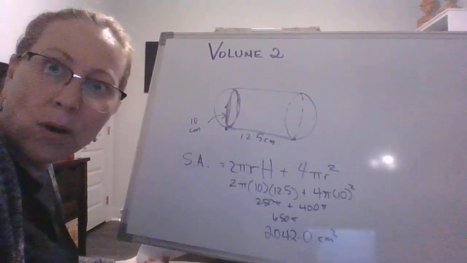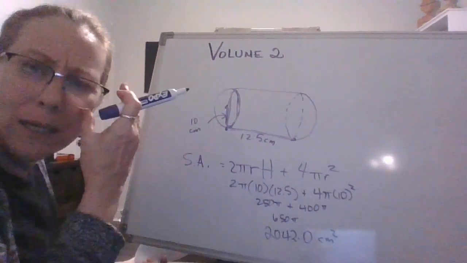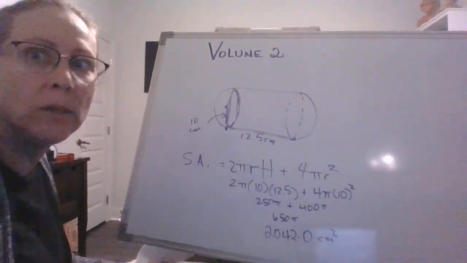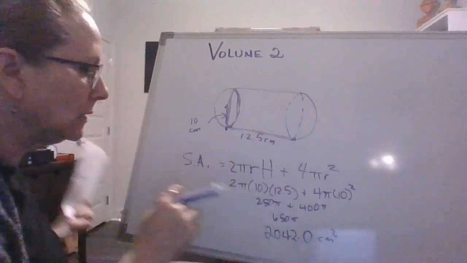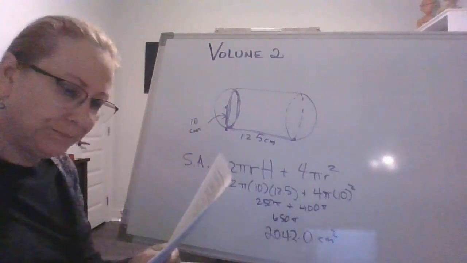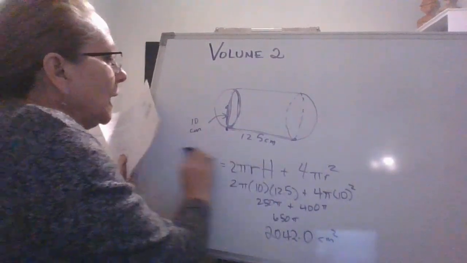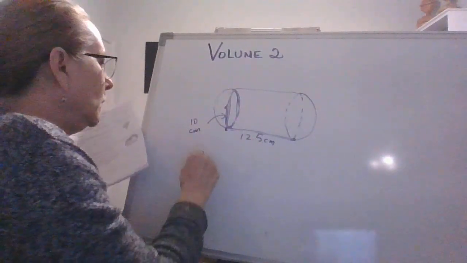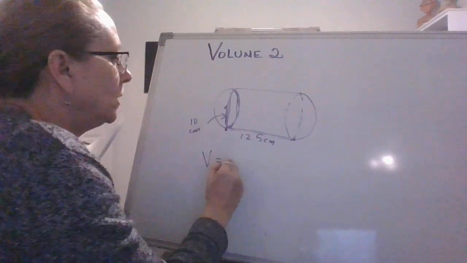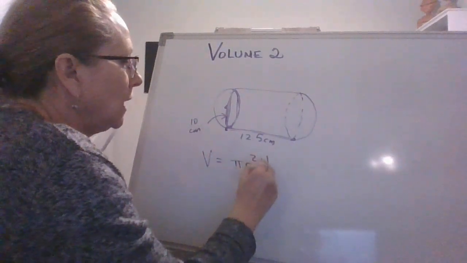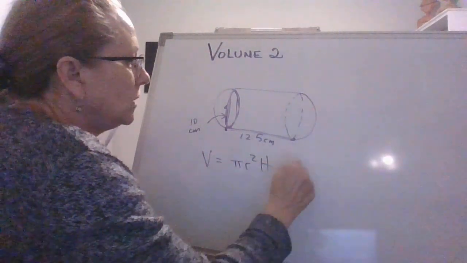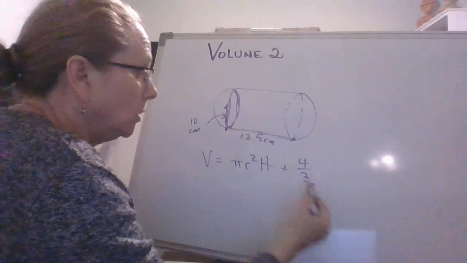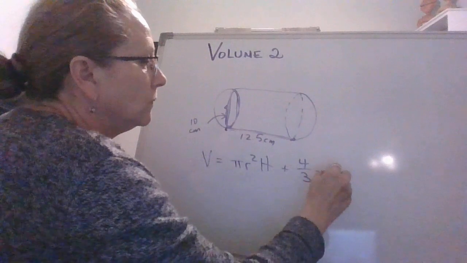Now we need to figure out our volume. Luckily, volume, unlike surface area, we never have to take off part of the formula. We never have to worry about lateral versus bases. It's just fill it up. So this time we're going to use the same problem, but with volume. Volume of a cylinder is pi r squared times the height, and the volume of a sphere is 4/3 pi r cubed.